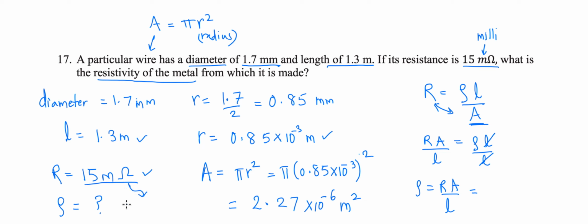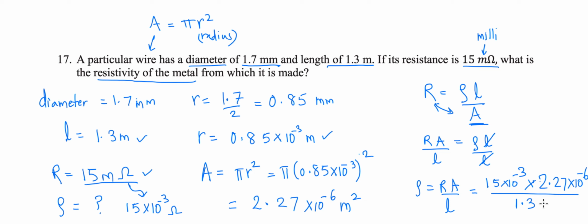So milli, we need to convert again. Milli means you have to multiply by 10 to the power negative 3, or you have to divide by 1000. It's the same thing. So I'm going to multiply here. So R is 15 times 10 to the power negative 3, times the area, which we have calculated, 2.27 times 10 to the power negative 6, over L, which is 1.3.